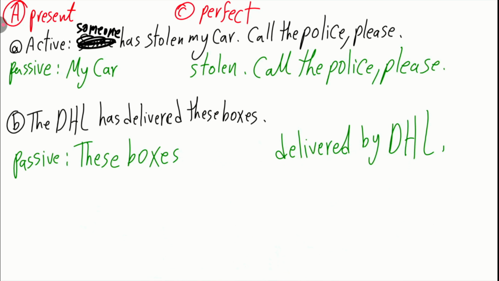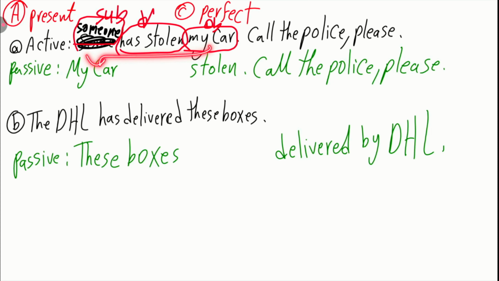And as we see here, my friends, we have someone. Someone is the subject. Has stolen together are the verb. And my car is the object. Again, my friends, I take the object at the beginning of the sentence, the verb in the third form.